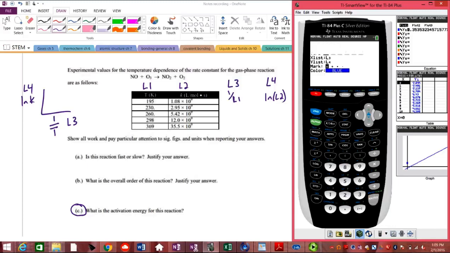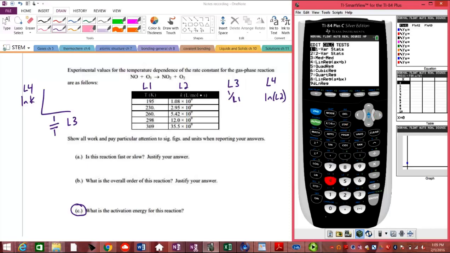So let's go into our Y and delete that. And now let's do our linear regression.